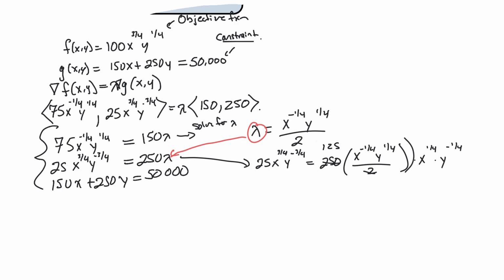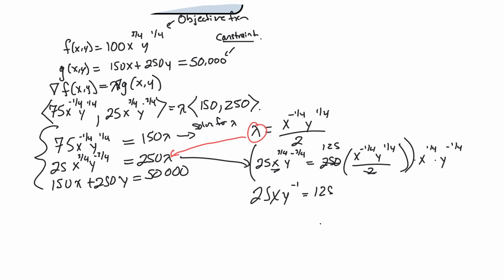We're multiplying everything by x to the 1/4. So over on the left-hand side, if we multiply x to the 1/4, that's going to give us 25x. If we multiply y to the 1/4, that's going to give us y to the negative 1. And then, like I said, we're having that equal to 125. And then x to the negative 1/4 times x, the point of that was to cancel it.